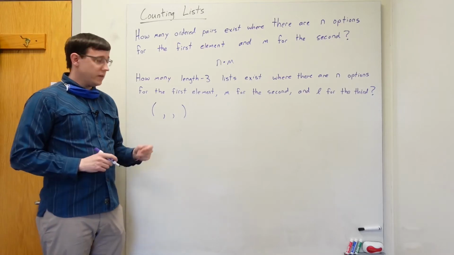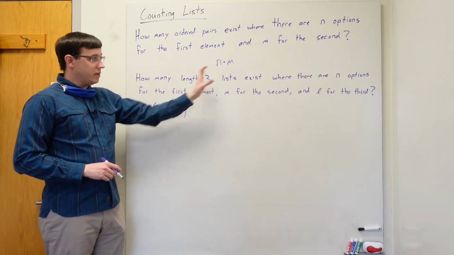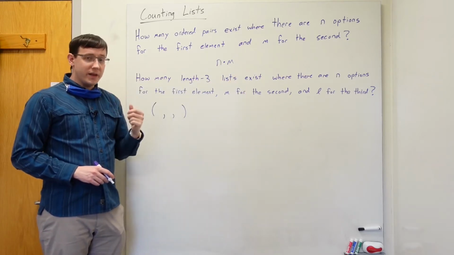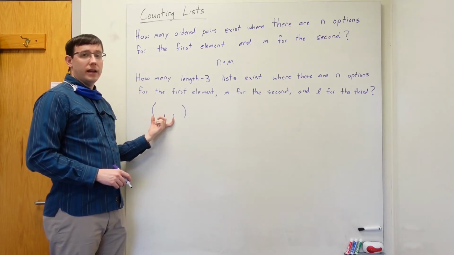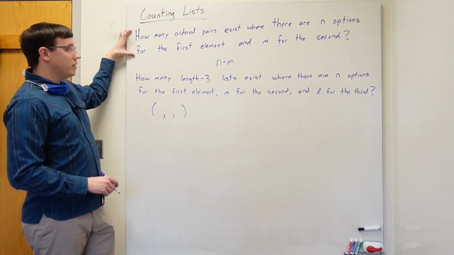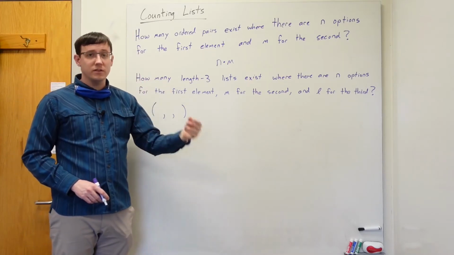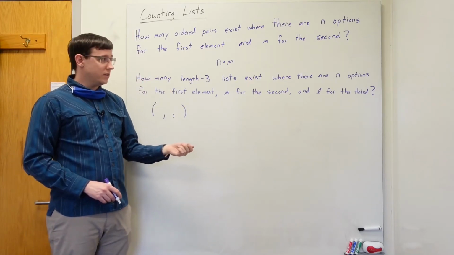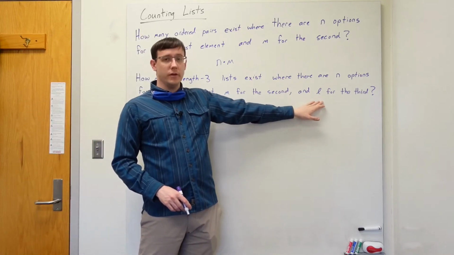So if we're counting the number of lists of length 3 that have these constraints, we could break that down into first counting all of the lists of length 2 that meet these constraints, and then for each of those lists of length 2, consider adding each of the possible options for the third element.